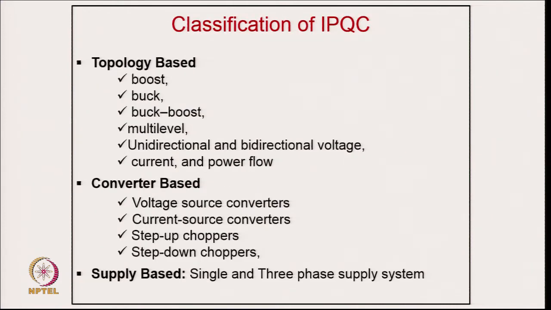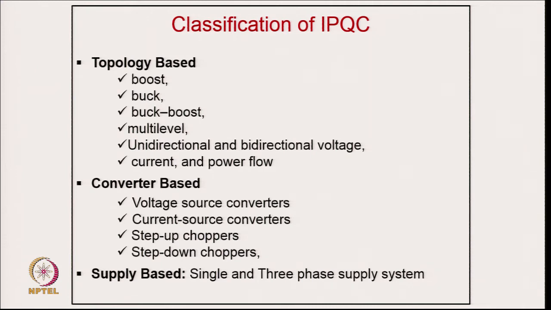Coming to the classification of these improved power quality converters based on topology, you can classify them as boost converter, buck boost, multi-level, and based on unidirectional and bidirectional output voltage, and of course the current and power flow. Another classification is on the basis of whether you are using voltage source converters or current source converters, boost converters or buck converters.